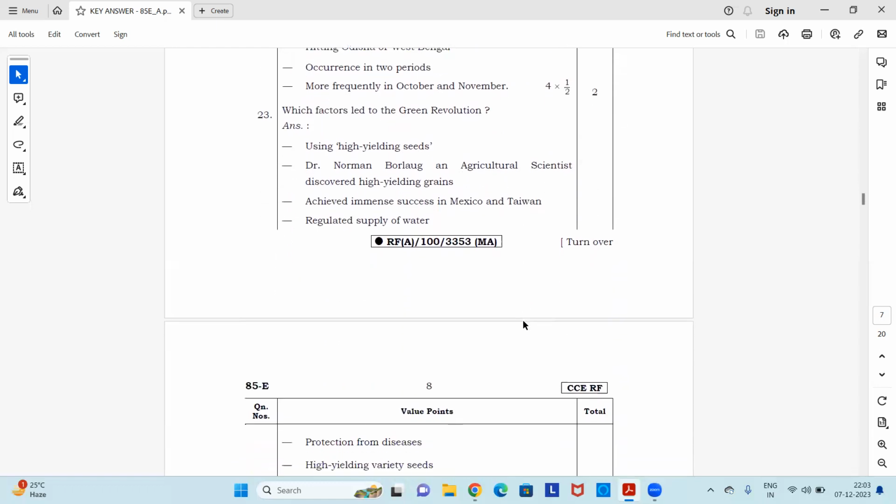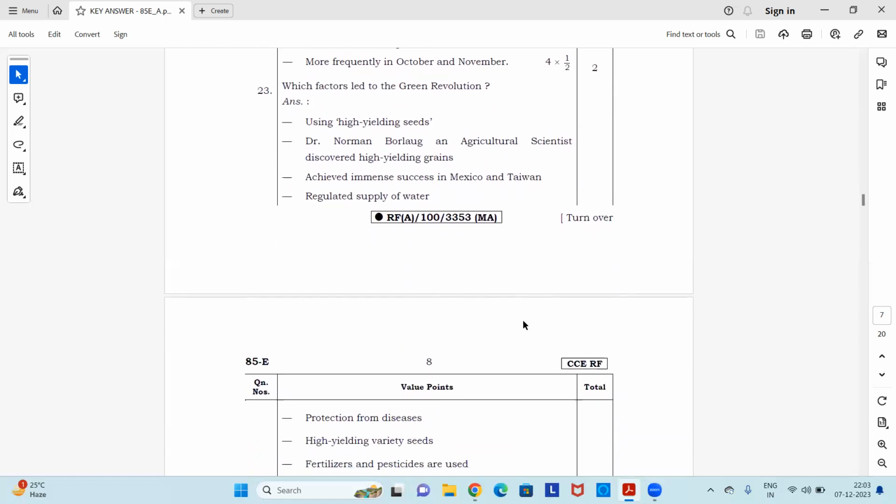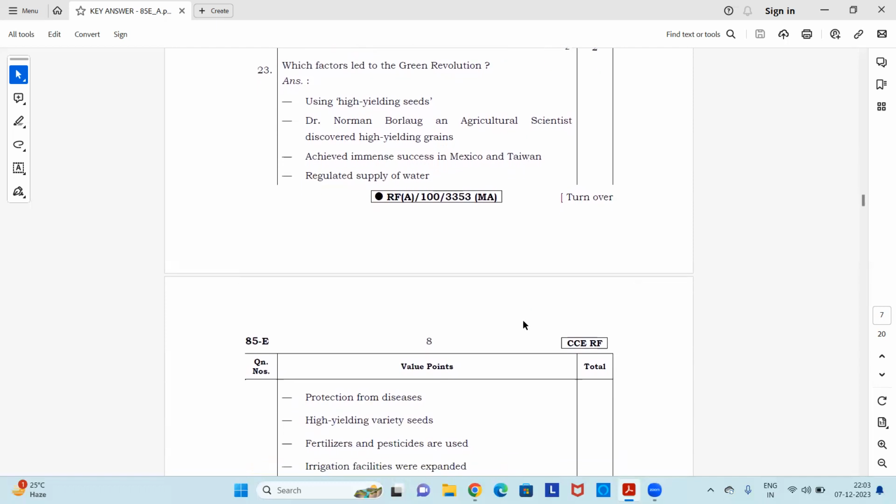Next question. What factors led to the Green Revolution? Answer, using high-yielding seeds, Dr. Norman Borlaug, an agricultural scientist, discovered high-yielding grains, achieved immense success in Mexico and Taiwan, regulated supply of water.